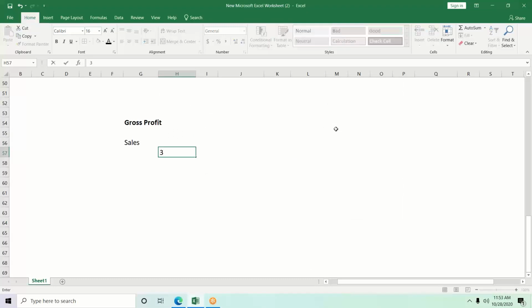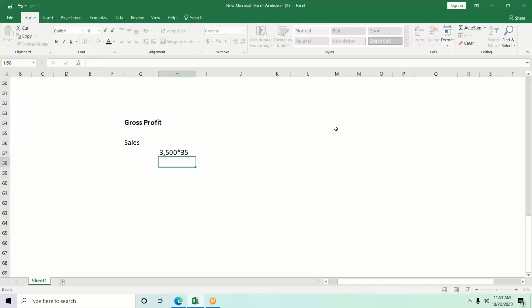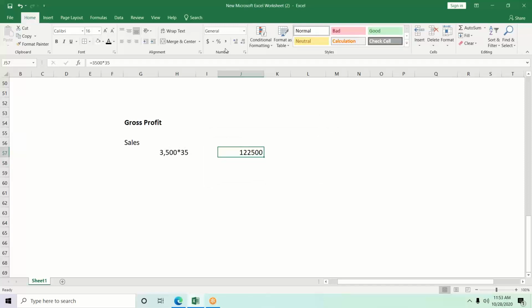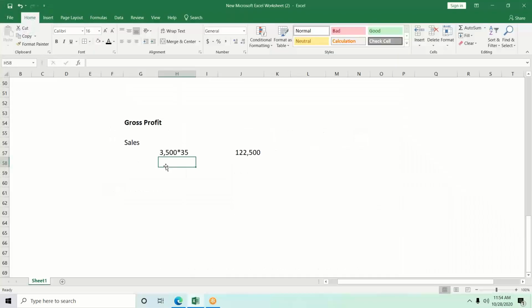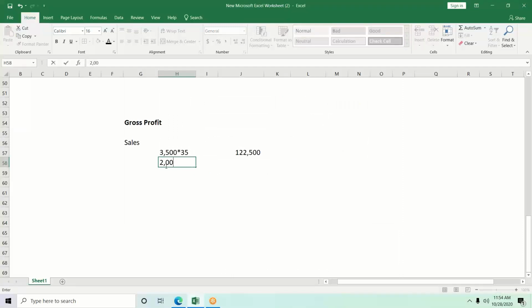What is the first one? 3,500 units at 35. 3,500 units into 35, you get 122,500. And then you have sold another 2,000 units at 25.